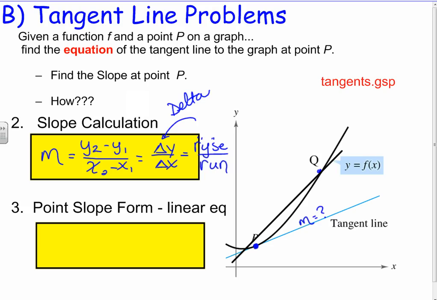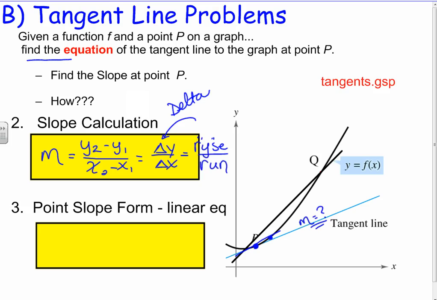So how do I do it with 1 point? Well, the idea that we're going to develop is, what if we allowed this point Q to travel along that curve and get closer and closer to P? Well, that would mean then that my slope is getting closer and closer to approximating the real slope of my tangent line at point P.